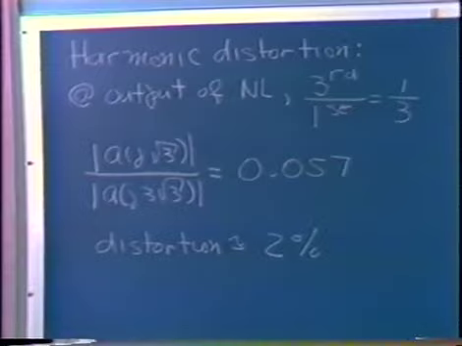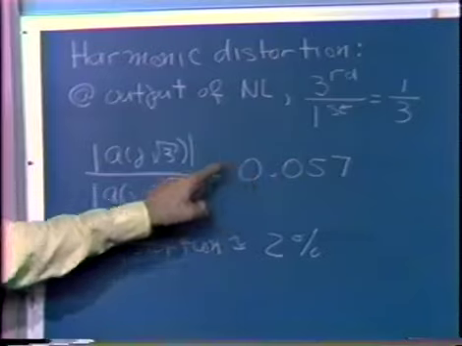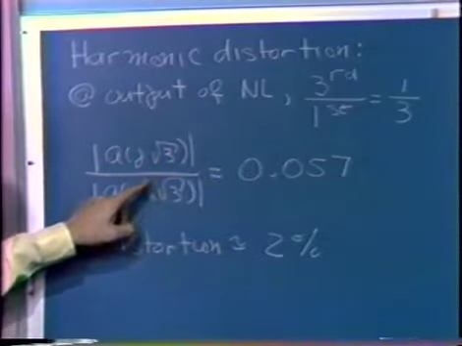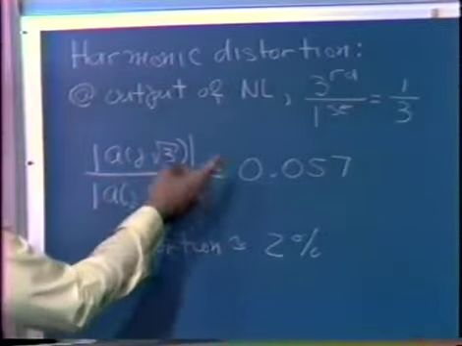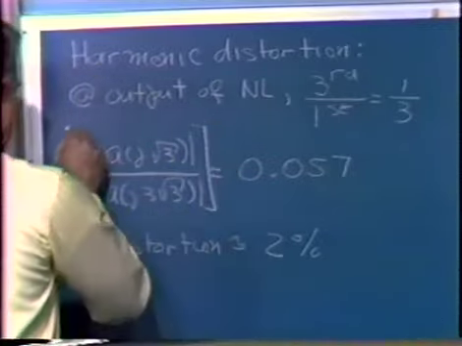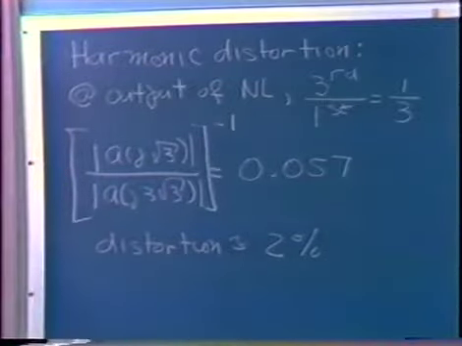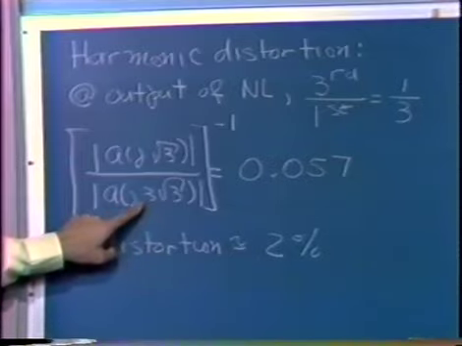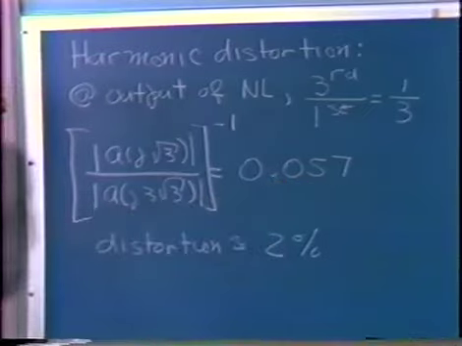That's the third harmonic. If we perform that calculation, we find out that the ratio of the gain at the third harmonic to the, I have an inverse here. The gain at the third harmonic is, of course, smaller, so this equation really should be flipped over. The ratio of the gain at the third harmonic to that at the fundamental is simply 0.057.